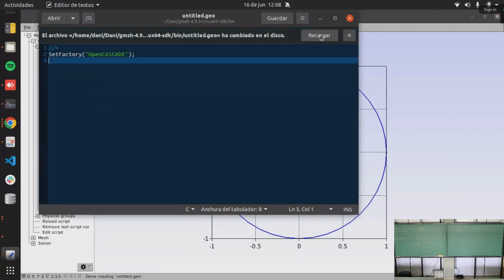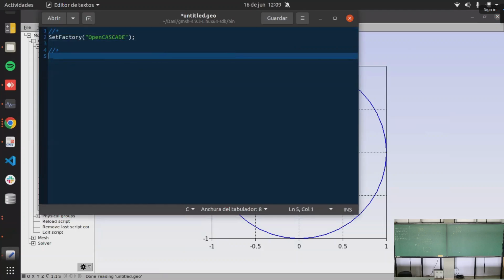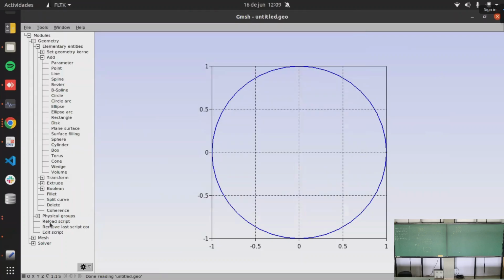So we don't have to use this entity. Why? What we do is put the center of the circle as a point. After that, start to add the 4 points of the circumference.